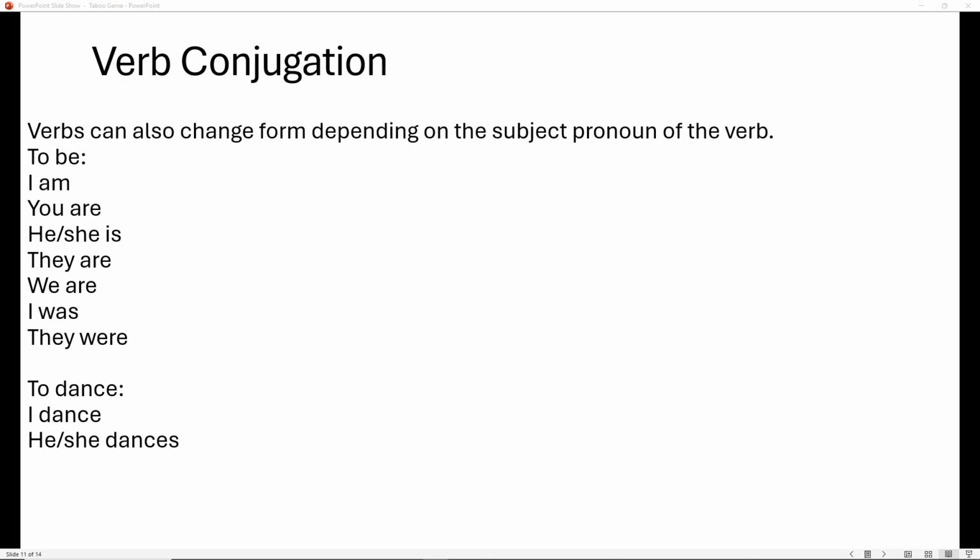I already kind of said this, but verbs change depending on the subject pronoun of the verb. So first person singular is am. I'm using to be as an example, so we can really see it. It's you are, they are, we are, and then she is for third person singular.